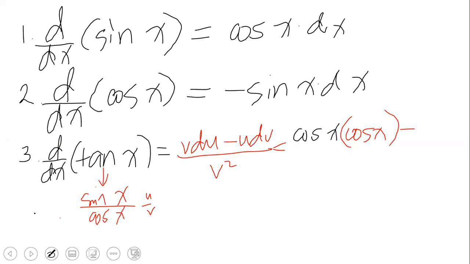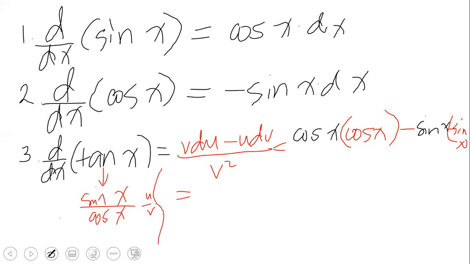So u dv, that will be sine x. Then the derivative of cosine is negative sine x. Negative sine x. So rewrite na lang natin.